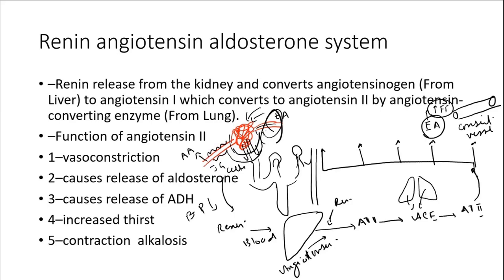So if we stay in the kidney, it will act on the kidney, and it will cause increased reabsorption of sodium and water by increasing the activity of sodium hydrogen ATPase.